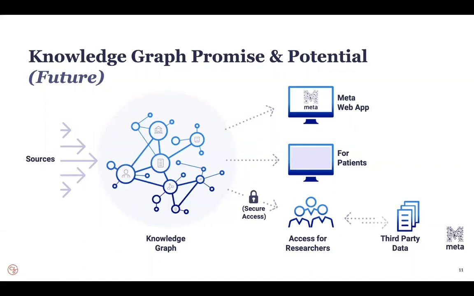As we see, there are a lot of use cases applicable on similar information that we are hosting on this knowledge graph. First and foremost, we want to work with more sources. We want to onboard more content. That means more information, more enrichment, more connections, and more insights available in this knowledge graph. Now, using that, we want to enable different use cases on top of this knowledge graph.